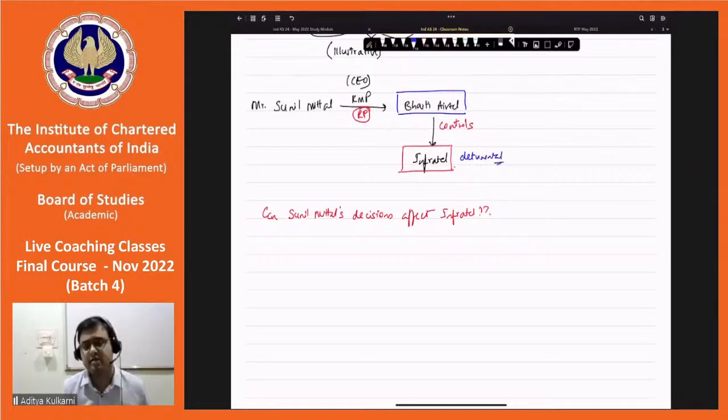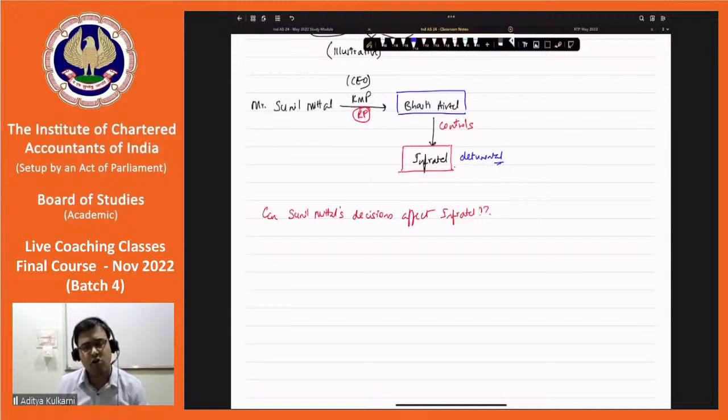Can he say that I am bothered with only Bharti Airtel, and whatever happens to Infratel is no concern of mine? How do you not have an interest in that?